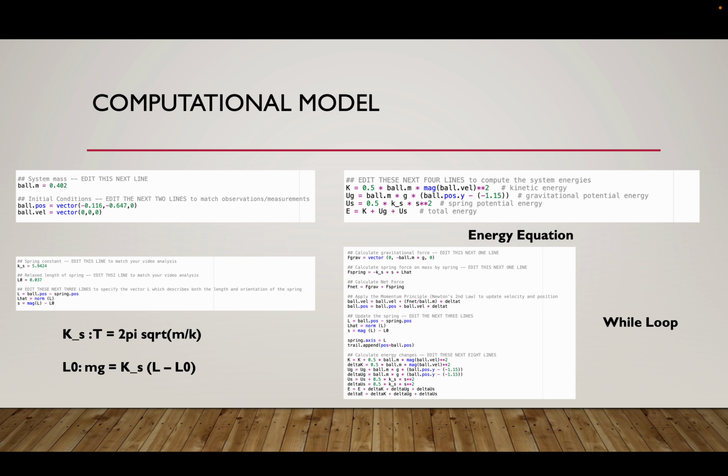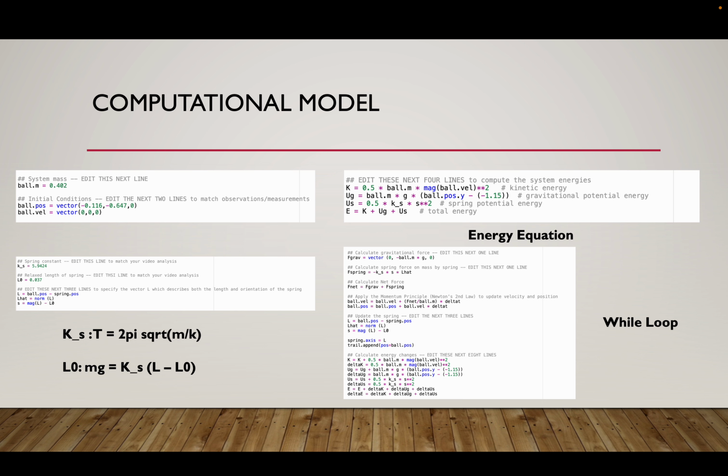And also about L0, we can set up an equation where the gravity is equal to the spring force, and we know the L, we know the Ks, and we also know the gravitational force, so we can calculate L0. And in the energy equation, we can calculate the kinetic energy, the gravitational energy, the spring potential energy, and the total energy.